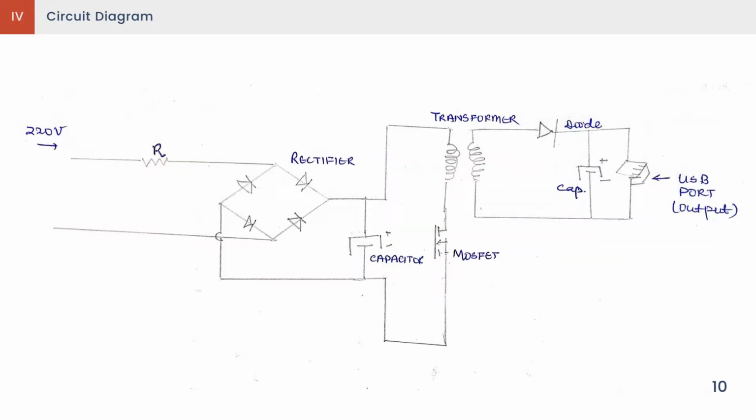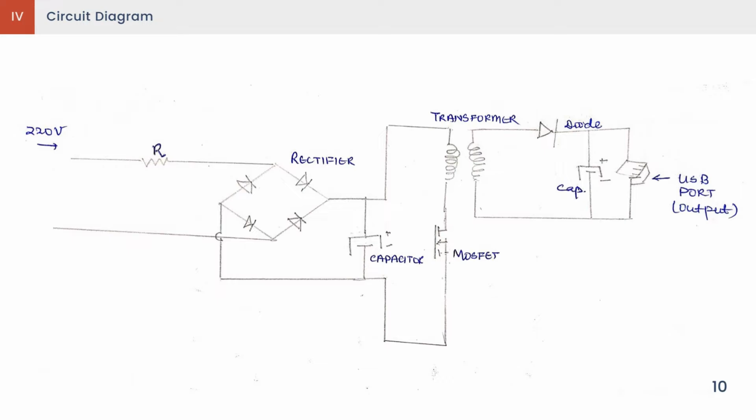Let us understand the most important aspect of this project, which is the circuit diagram of a mobile charger. First, we get a supply of 220 volt AC input. It goes through a bridge rectifier made of 4 diodes, out of which a partial DC current comes out. This partial DC current is converted into pure DC current through a capacitor, as we can all see.